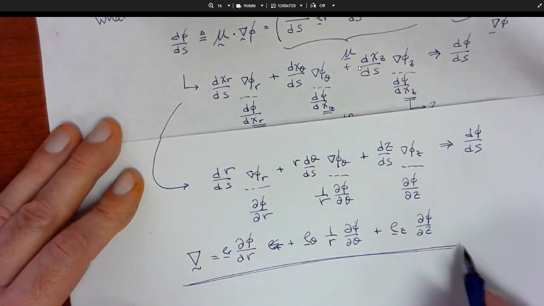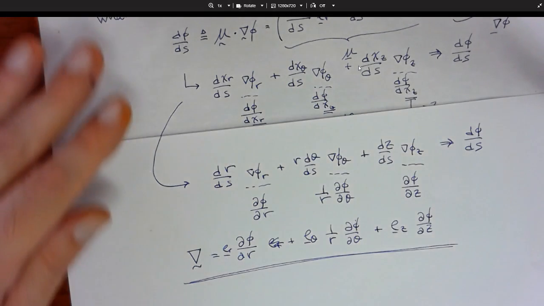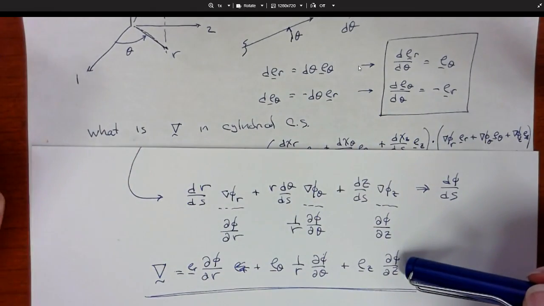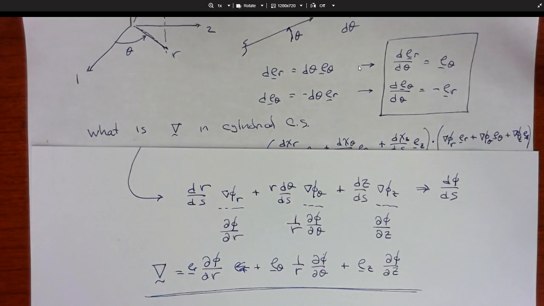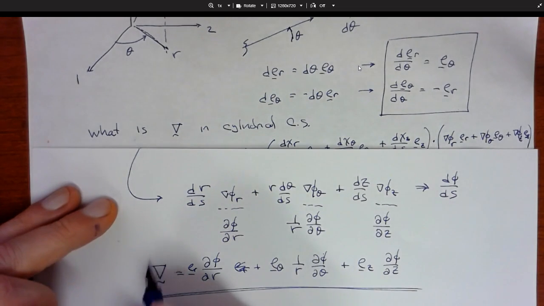So that is my definition of the gradient operator in cylindrical coordinate systems. All right, so fine. So now I know how to take derivatives, and I know the definition of the gradient operator. So now I can use this to find divergence and things like this in cylindrical coordinate systems. So let's box this as well.